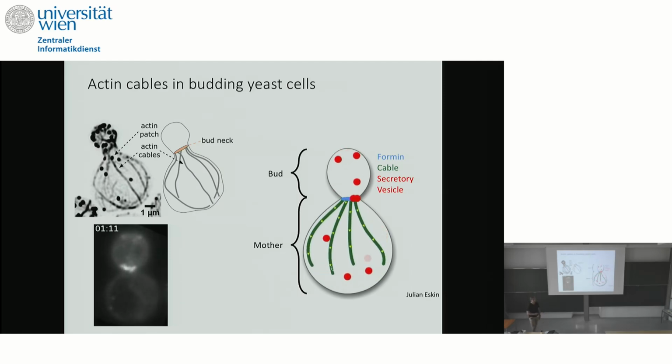And if you make a genetic mutation that makes these cables too long, for instance, which we know how to do, the cells are sick. This transport is disrupted, and the bud doesn't grow as quickly, so there's a growth defect. So that just says, well, maybe we can't peer into the mind of a yeast cell, but maybe the yeast cell cares about the lengths of these filaments.